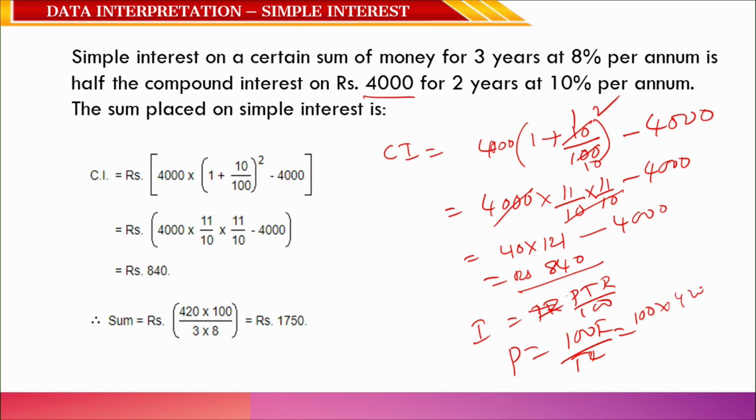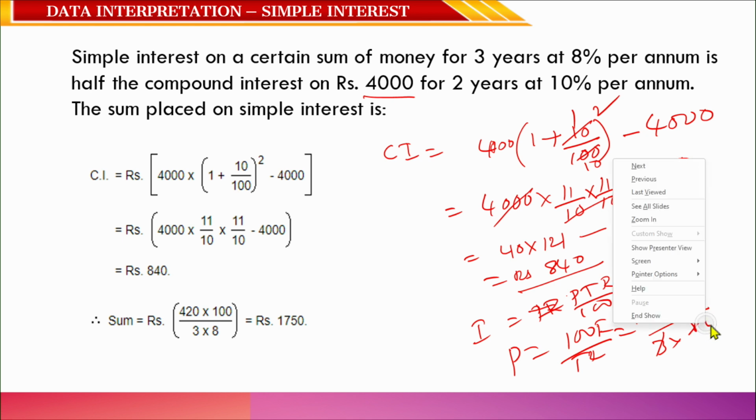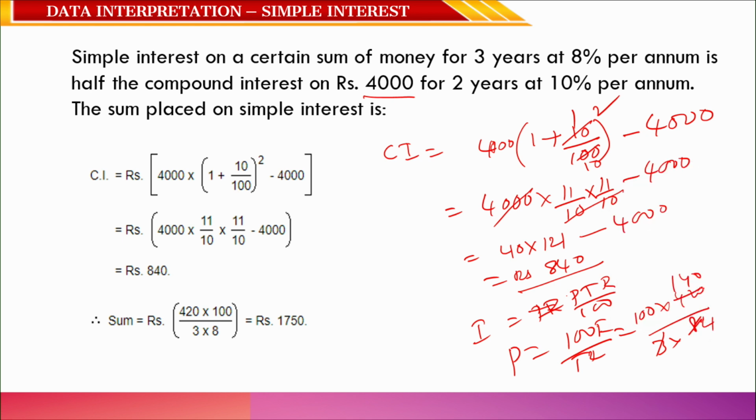So 420 by 3 into 8. Here you can say 3 ones are 3, 3 140s; 2 4s are 8, 2 270s; 2 2s, 2 35s, 3500 by 2 is 1750. So, the answer is 1750. Clear.